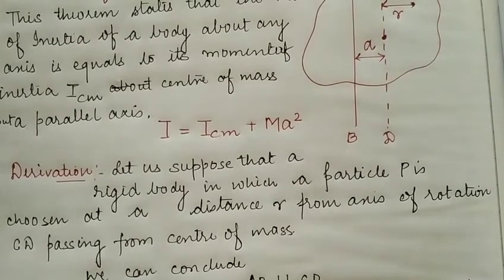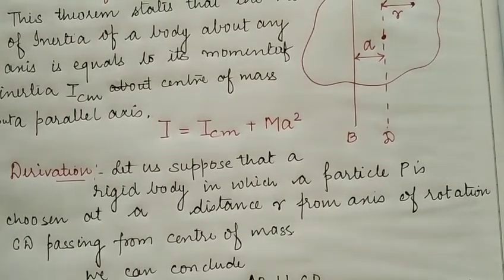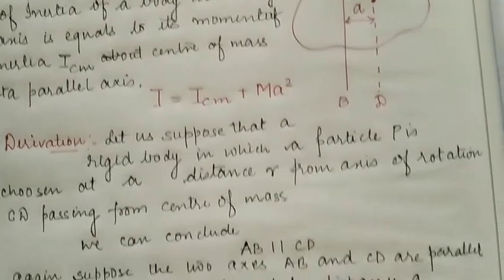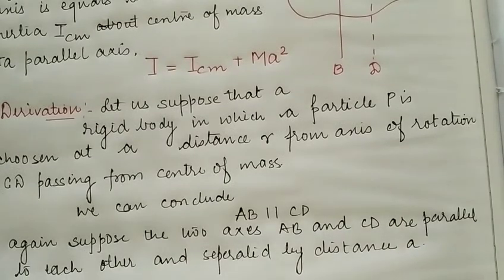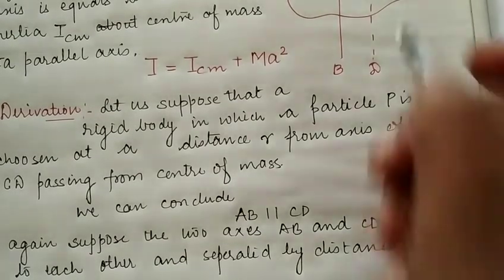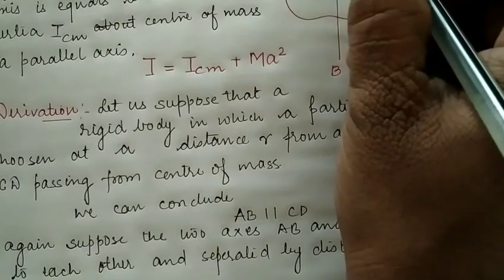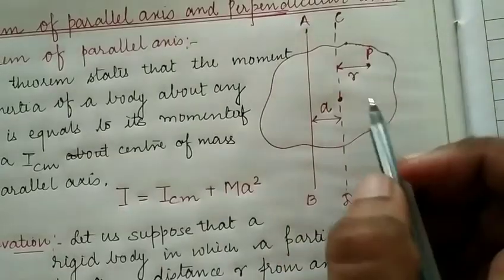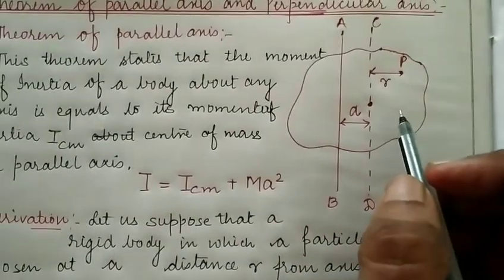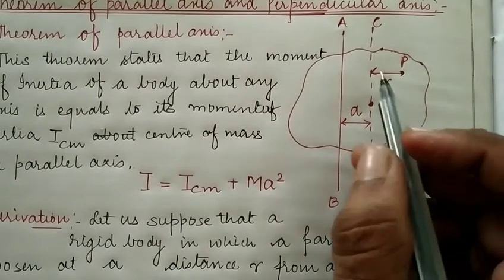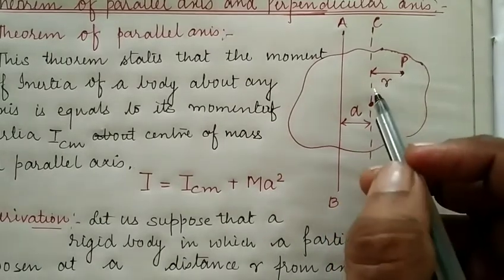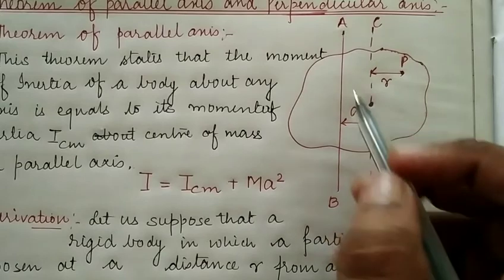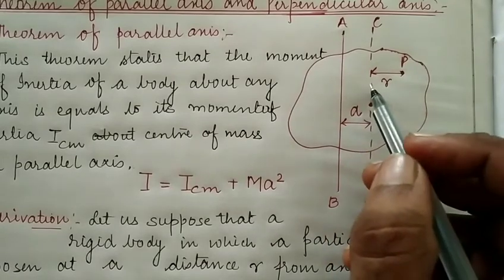Students, you can see here that the distance of this particle P from the center is r, but from this axis AB, it is r plus a.